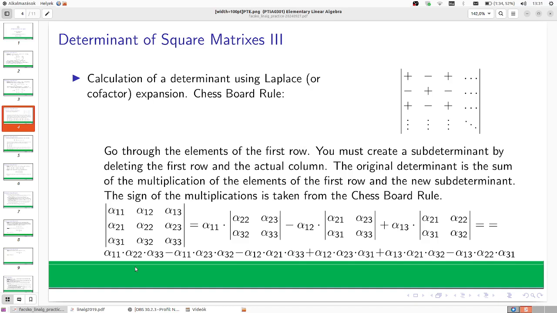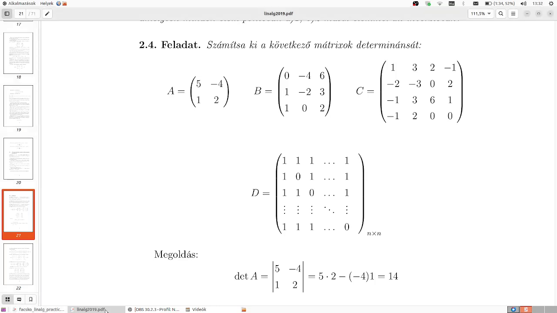So 30 plus... okay, so the determinant is minus 13, and the A and B determinant could be calculated easily using the Sarrus rules, so it's not a challenge for you.